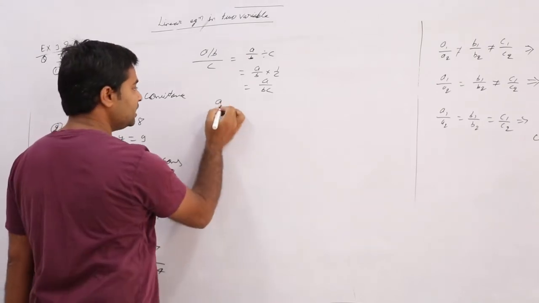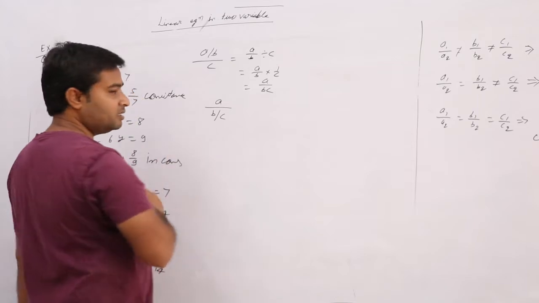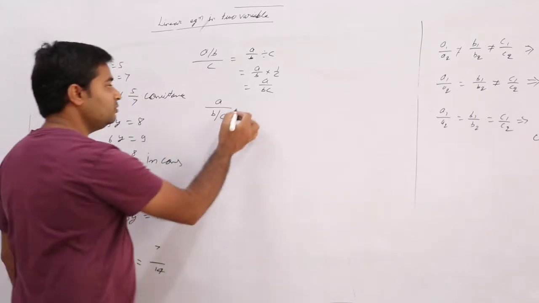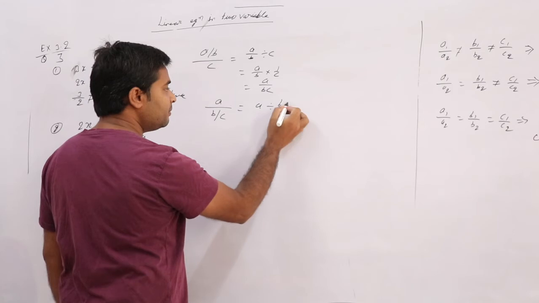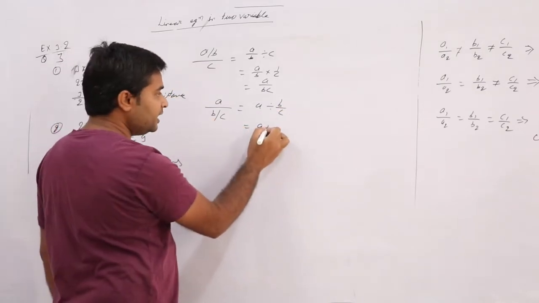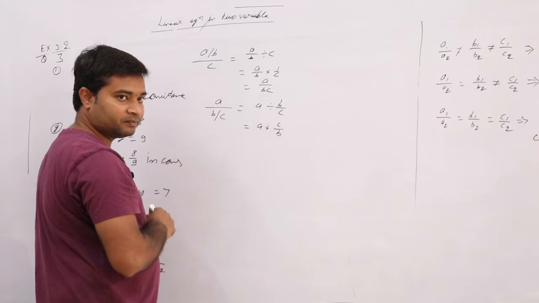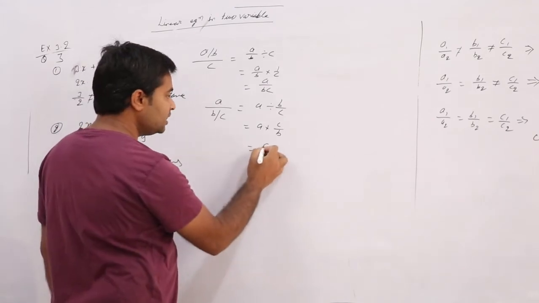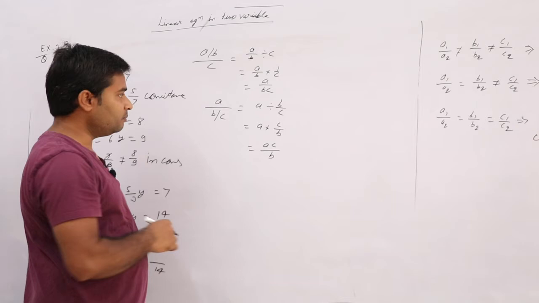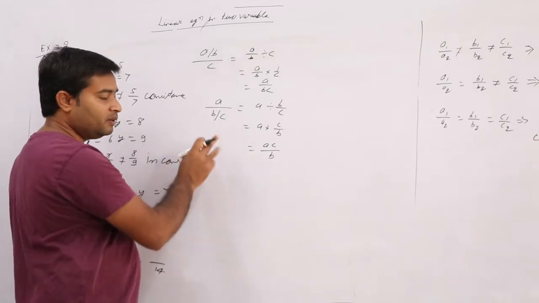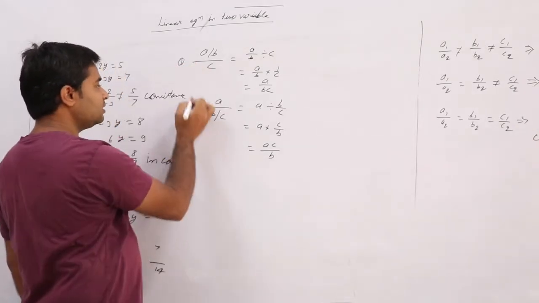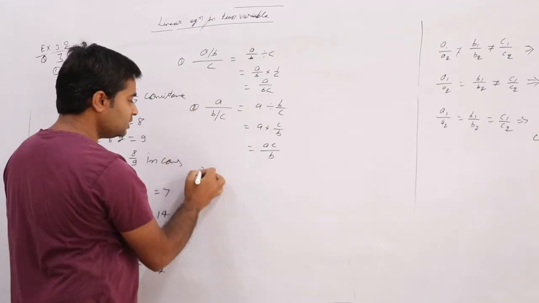See one more situation. A by b by c. So here a divided by b by c is given. Divided, so flip it: a into c by b, which means ac by b. This c will go up and b will be down. This is case number 1, case number 2 and case number 3.